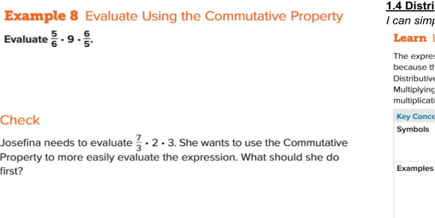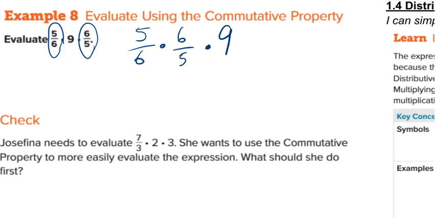So we're almost done with the 1.3 notes. So if we go and turn our page one more time, we'll be on this last set. Here, it's going to be the same type of idea. So using the commutative property. Looking at this, I can already tell, looking at the first and last, that I would want those near each other. So my commutative property allows me to flip this around.